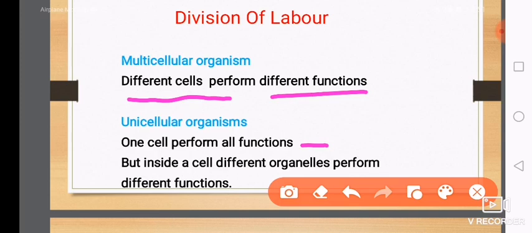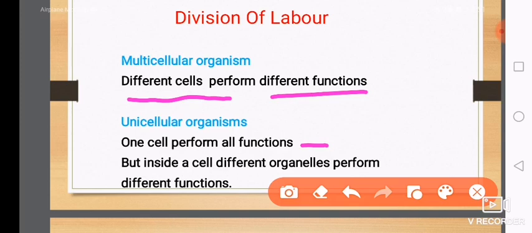Inside a cell, different organelles are present. So different organelles are performing different functions. So you can say that in unicellular organism, the division of labor is present at organelle level. At the organelle level. Okay, so is it clear? In multicellular organism, different cells are performing different functions.